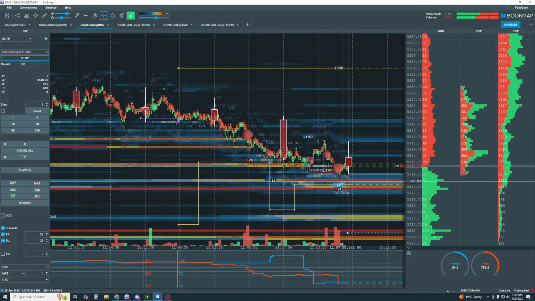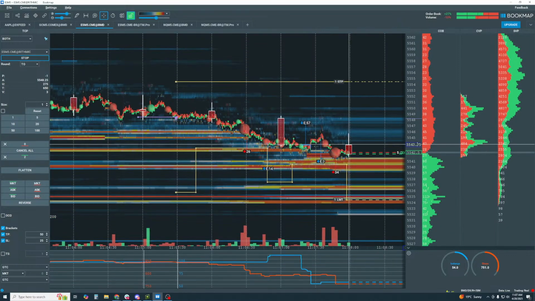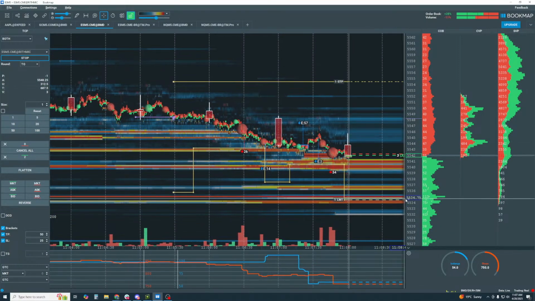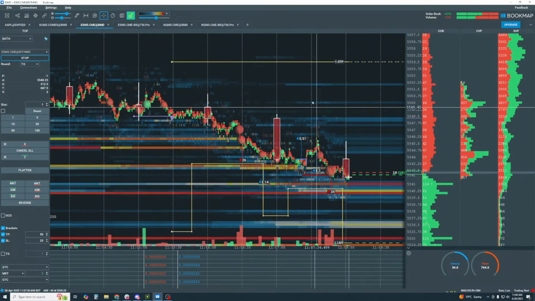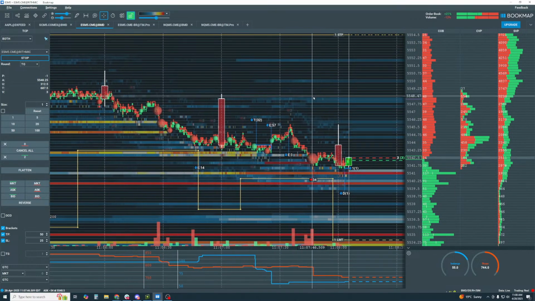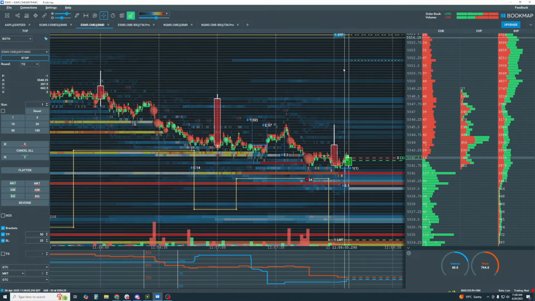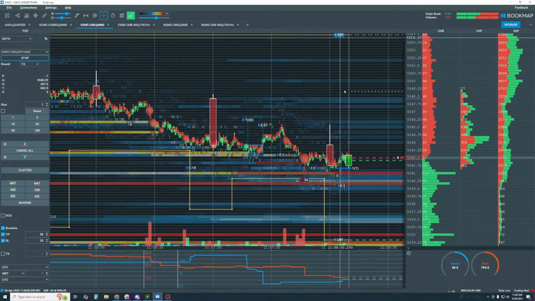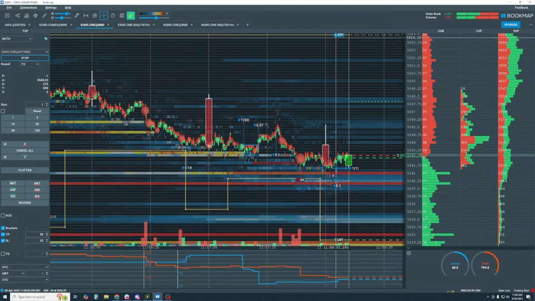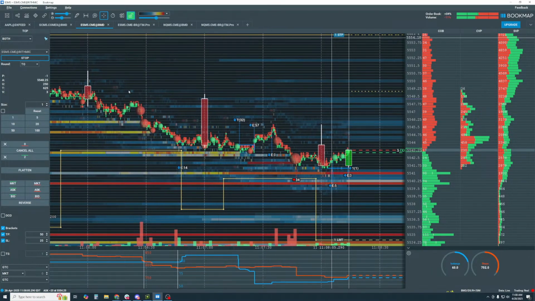I'm going to move my take profit down a bit in front of this liquidity here around 34. And I'm going to move my stop loss down as well, just above break even, just above the swing here.